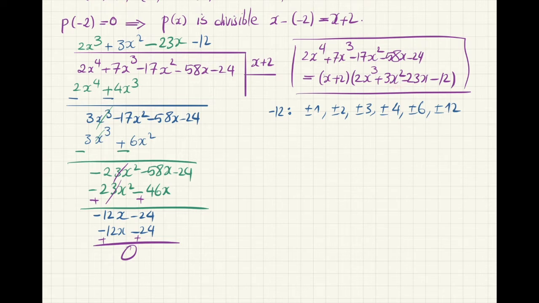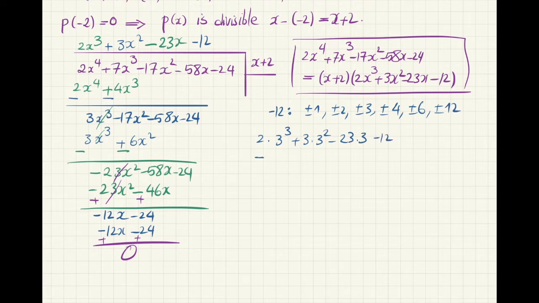Now I go to the next number, positive 3. Let me check. If I put positive 3, I will get 2 times 3^3 plus 3 times 3^2 minus 23 times 3 minus 12.